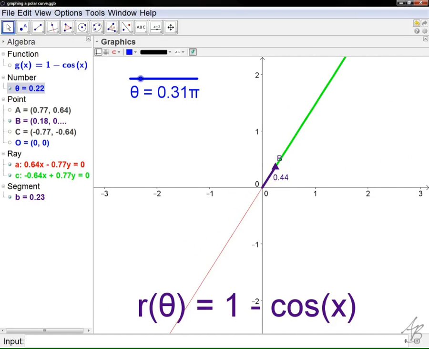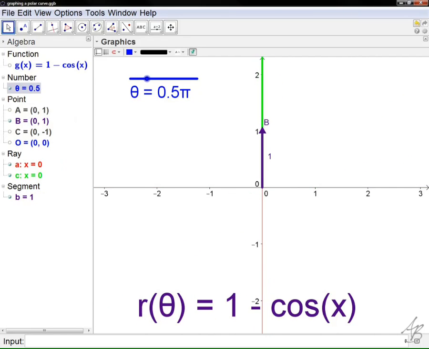So when I increase theta to pi over 2, cosine of pi over 2 is going to be 0, so 1 minus 0 is going to give us 1. So we'll notice now that our green line here is in the upward direction because it's making a 90 degree or a pi over 2 angle with the positive x-axis. And our point now is at a value of 1 because, well, 1 minus 0 is 1.